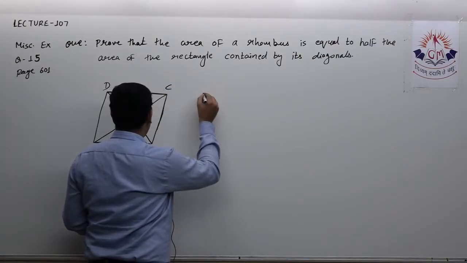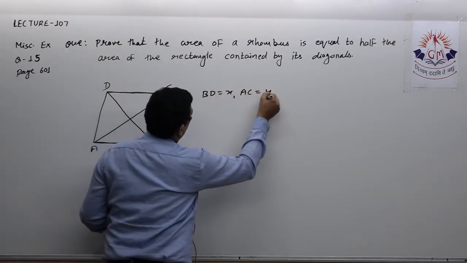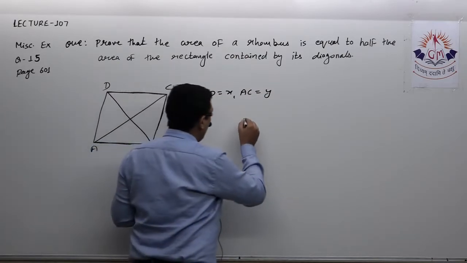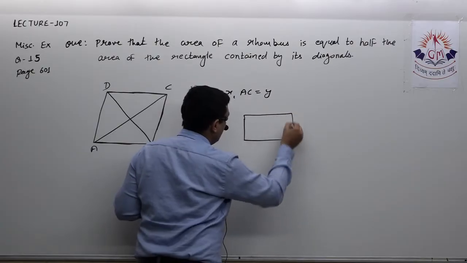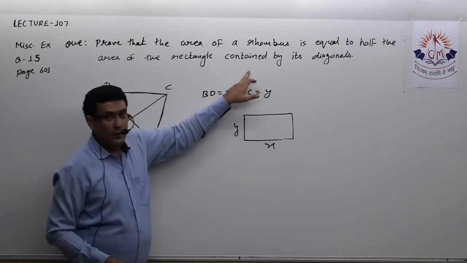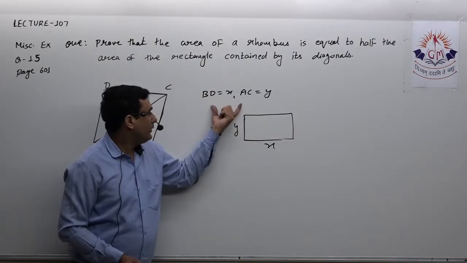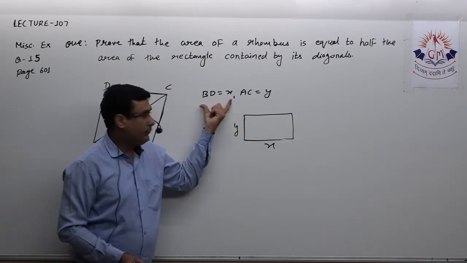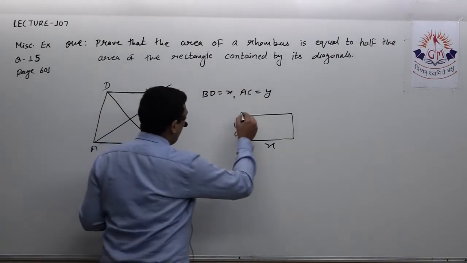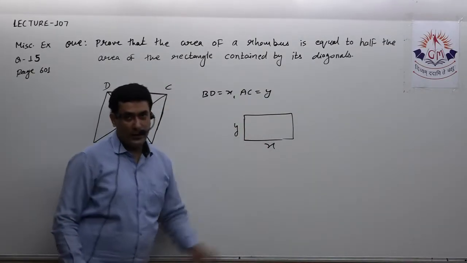For a while, if I say let BD is equal to X and AC equal to Y, then the rectangle contained by its diagonals will have sides X and Y. So we have to prove the area of the rhombus will be half of the area of this rectangle.